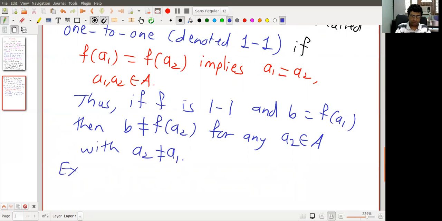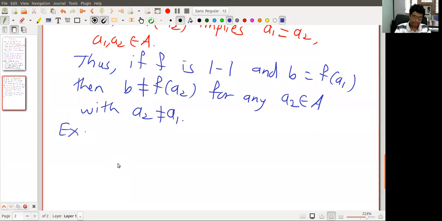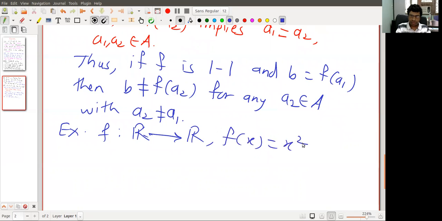Example: f defined from R to R, the set of all real numbers, f of x equal to x square, is not 1 to 1.